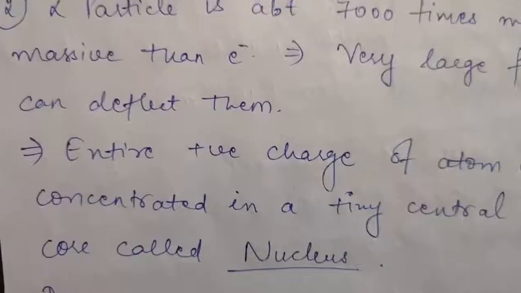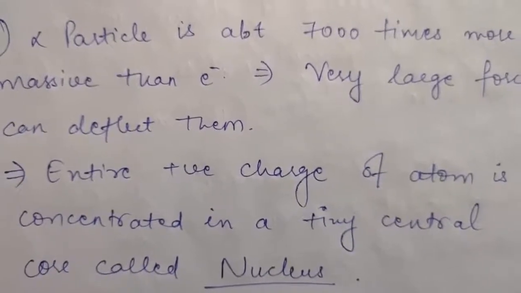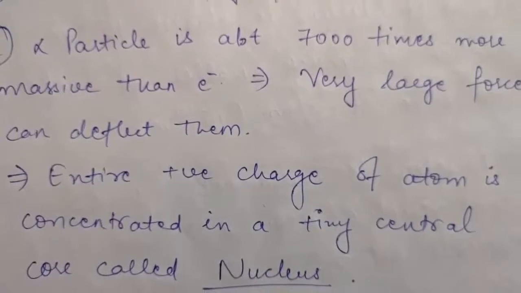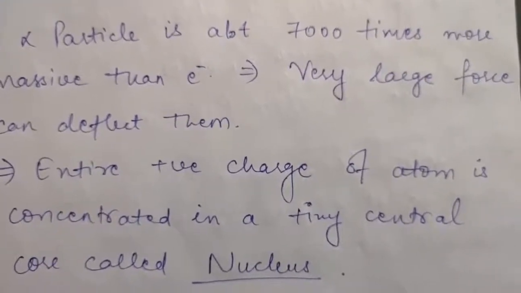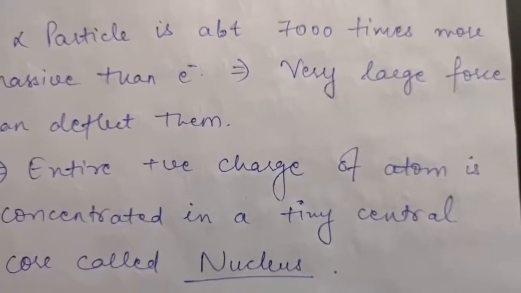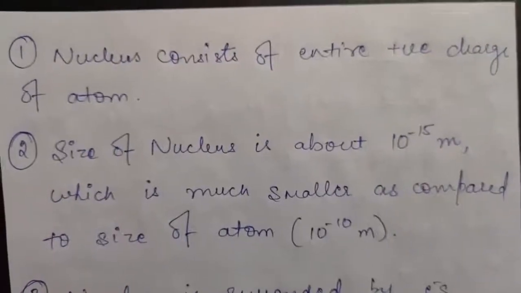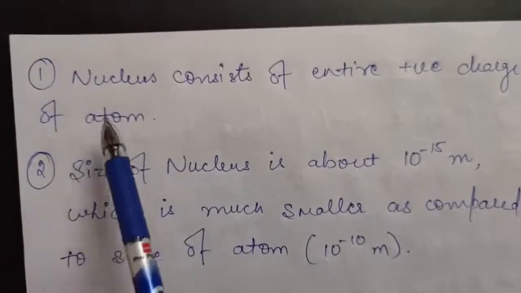Because alpha particles are positively charged, and we are considering the nucleus to be positively charged as well, there will be a repulsion between the nucleus and alpha particles, and therefore these alpha particles will be reflected back.